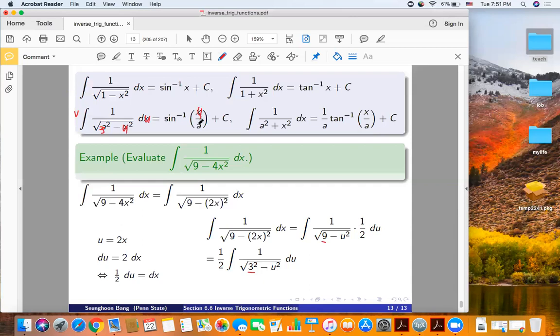So it is exactly inverse sine of u over 3 plus c. Do you have to keep the coefficient 1 over 2? Yes. The integral is 1/2 inverse sine of u over 3. Next, change back. This u is exactly 2x. So that's it. This is today's lecture.